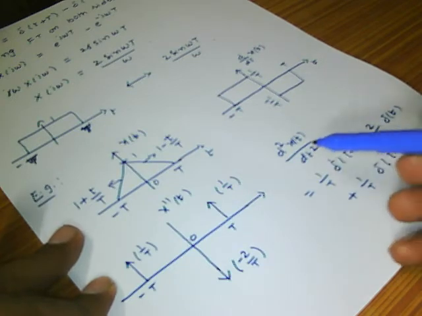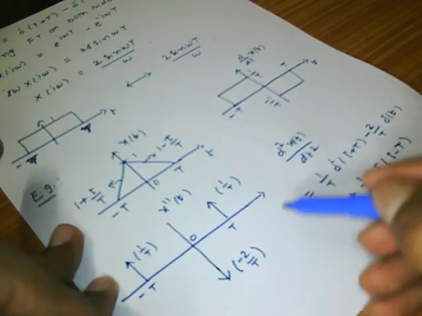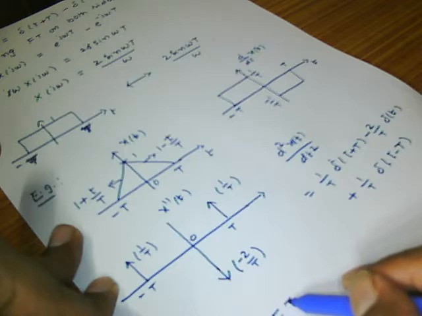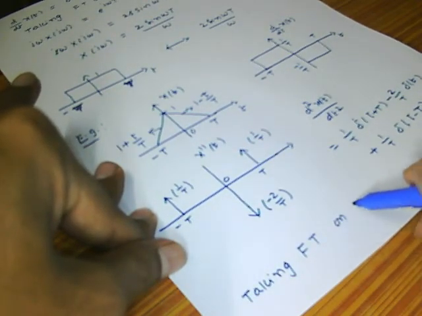Now if you apply Fourier transform again on both sides of this equation, what do we get?